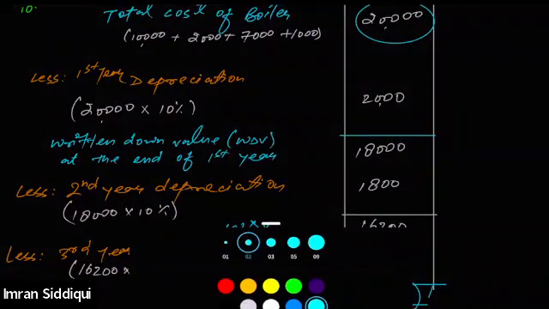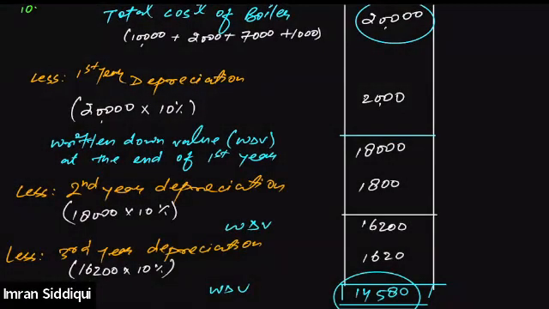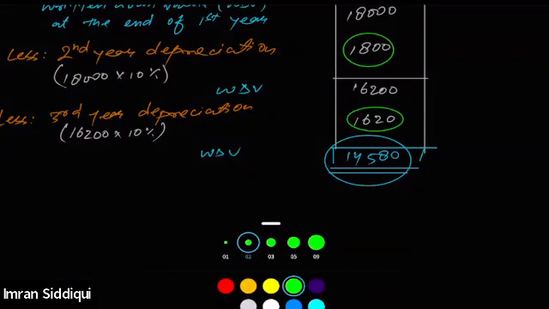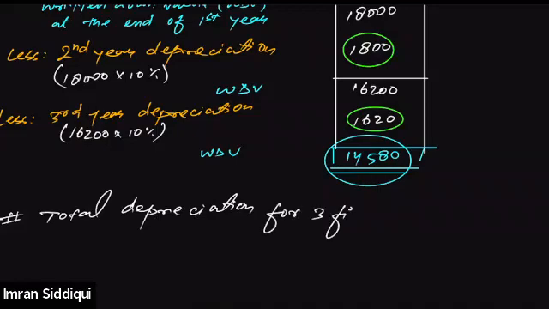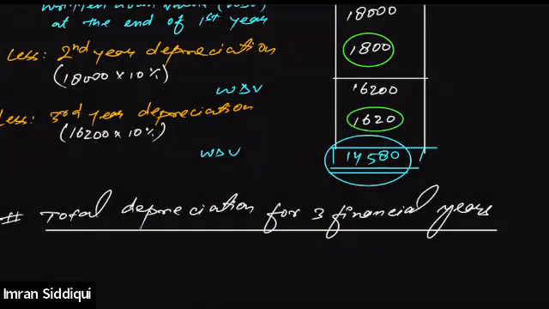Now the question arises, sir, what is the total depreciation for the 3-year period? The total depreciation of the 3 years period will be 2,000 plus 1,800 plus 1,620. So let me show you total depreciation for the 3 financial years equals 2,000 for the first year.